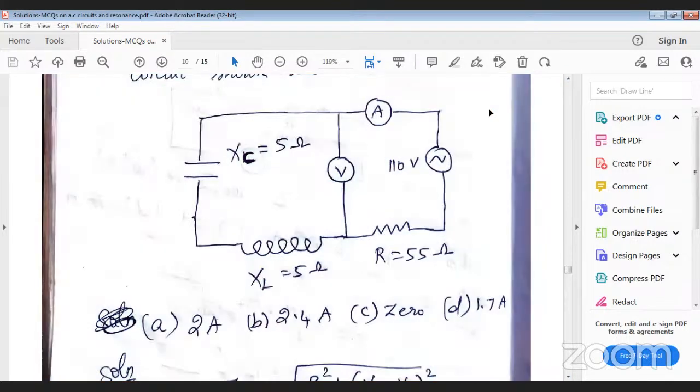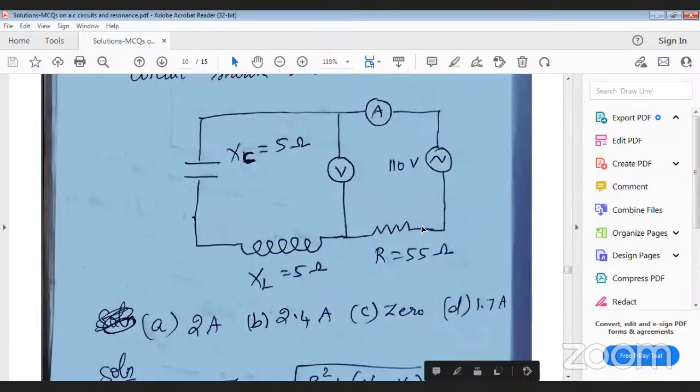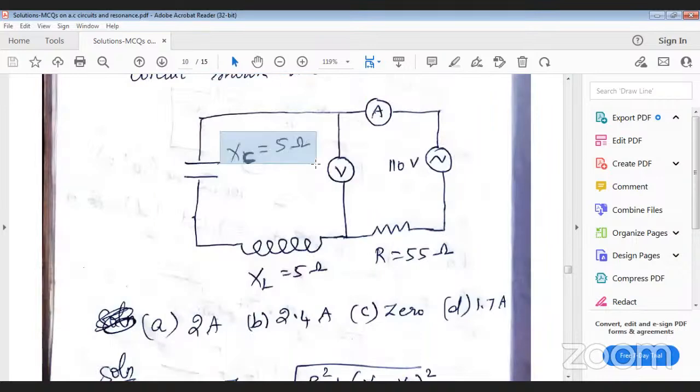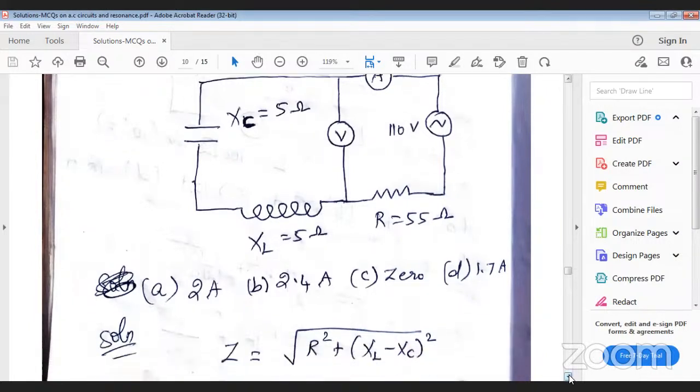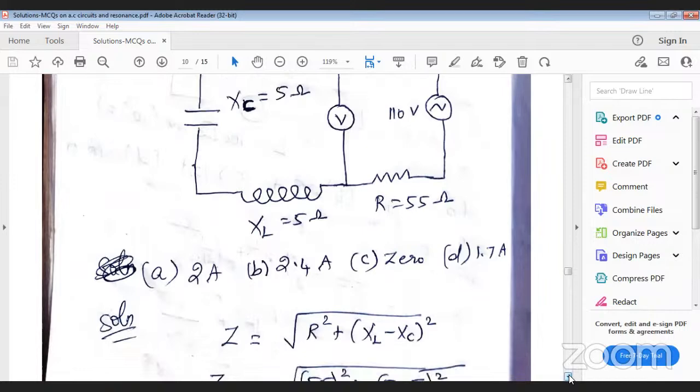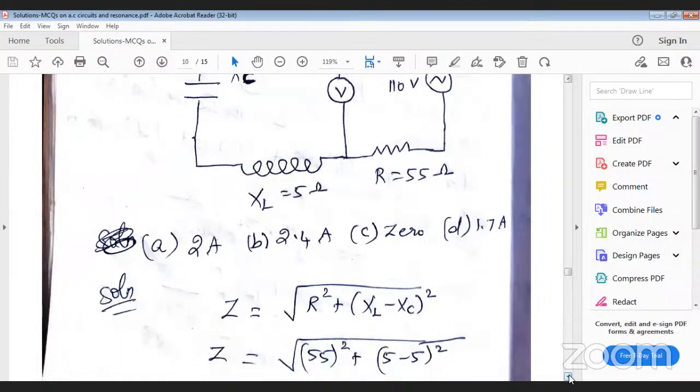This is an LCR circuit actually because you have inductor coil and you have resistance and you have capacitor of capacitive reactance value XC equal to 5 ohm. So this XC, XL and R you have and you need to find out the impedance value. So Z equal to root of R square plus XL minus XC the whole square.